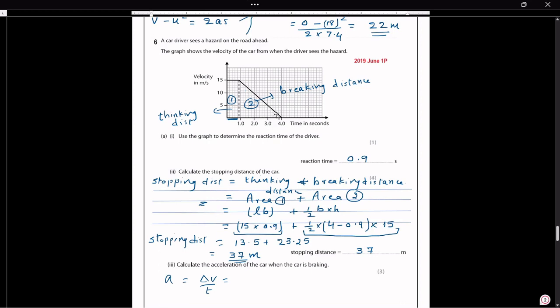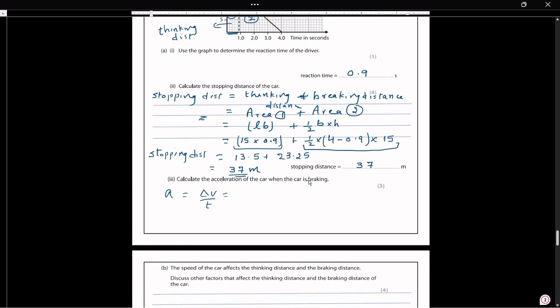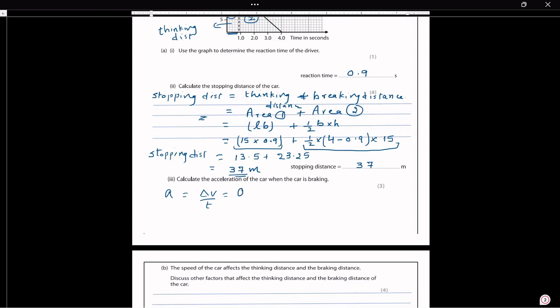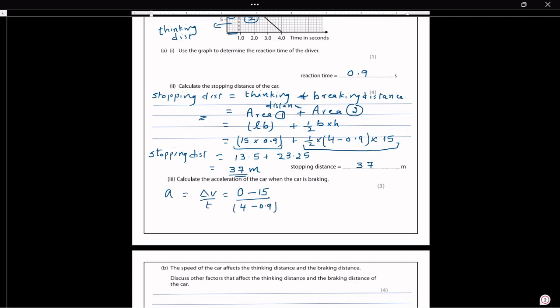The velocity is changing from 15 to 0, so the initial velocity is 15 and the final is 0. So 0 minus 15 over the time, from 0.9 till 4.